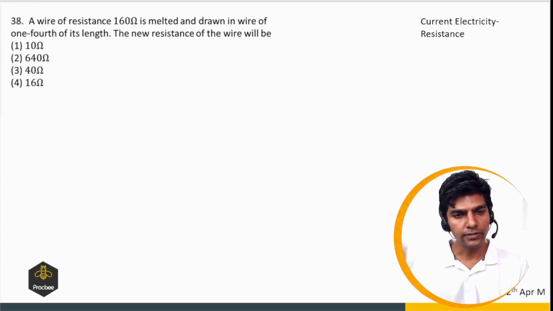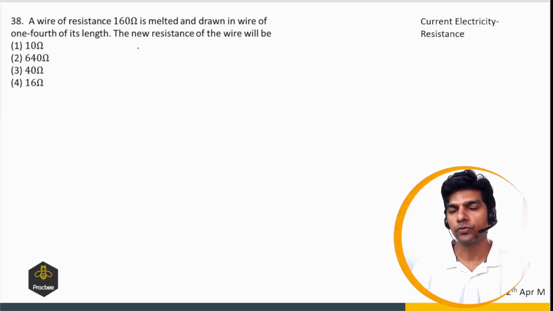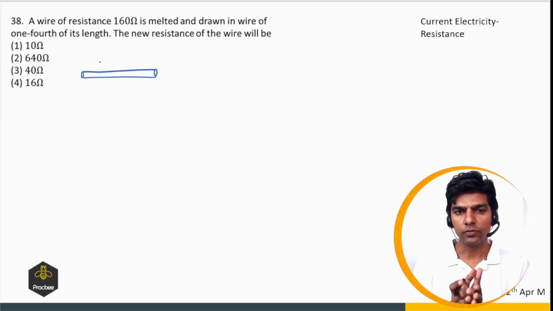A wire of resistance 160 ohms is melted and drawn into a wire of 1/4 of its length. So we have given, say, a conductor, a wire, and now we have decreased the length. So we have recast it into a wire of 1/4 of the length.